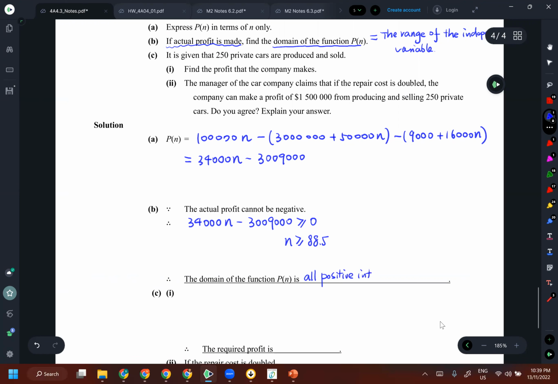You see, I do not say positive numbers, I say positive integers greater than or equal to, not 88, but 89. I think the smallest is 89. Do you agree?